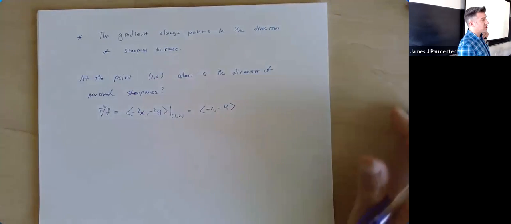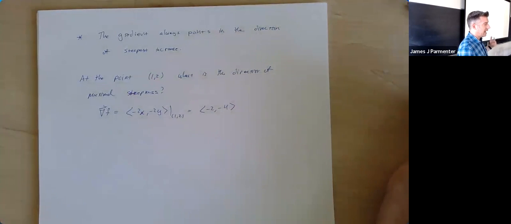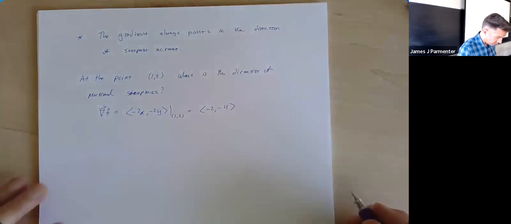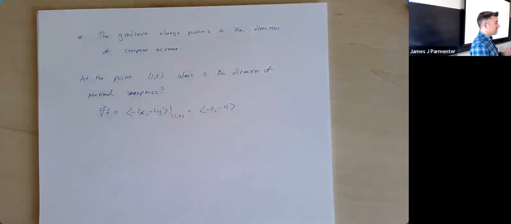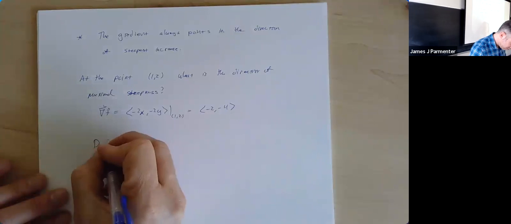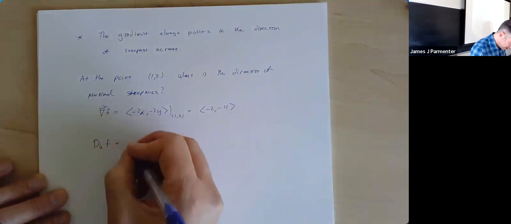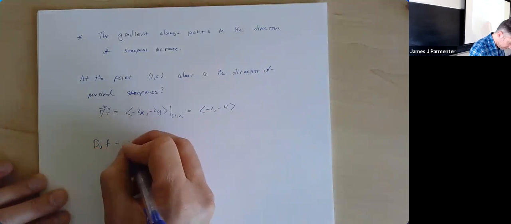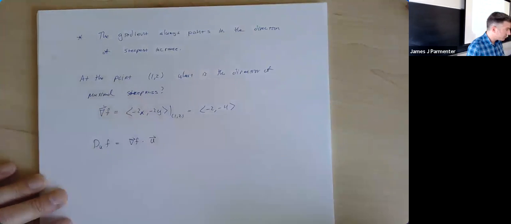Now, how do we know this is actually true? Well, it's actually kind of slick. What I'm really trying to say here is I want to make the directional derivative as big as possible. I want to know what direction I have the most slope. Here's my directional derivative: it's the dot product of the gradient of f and the unit vector u.